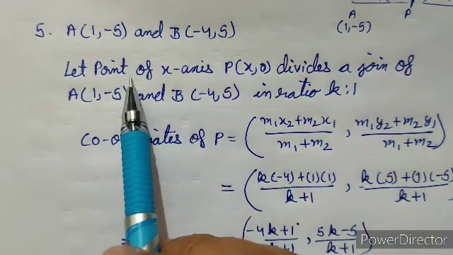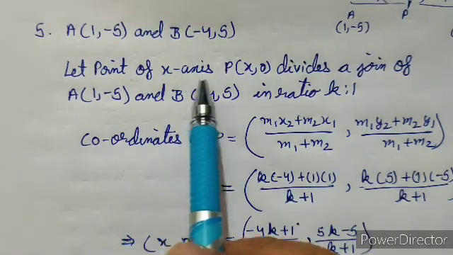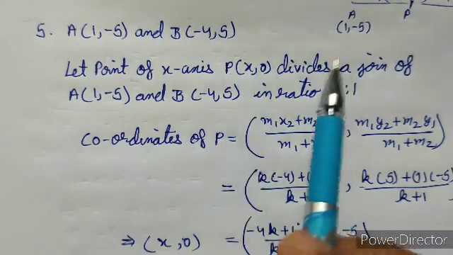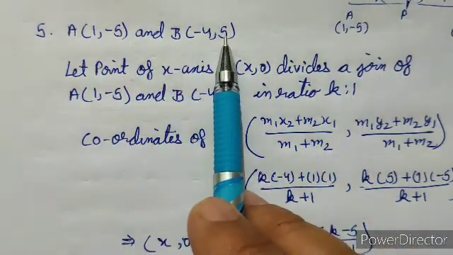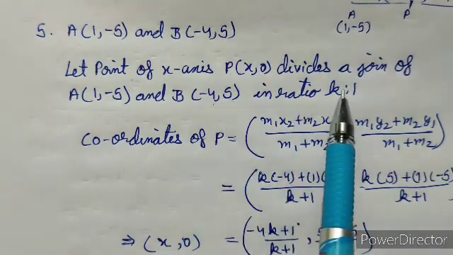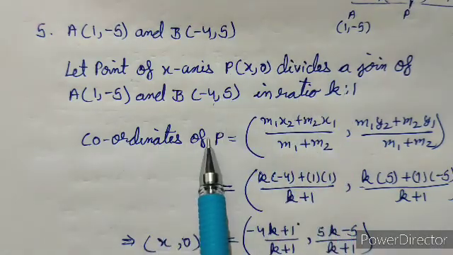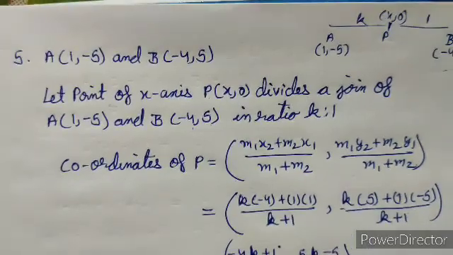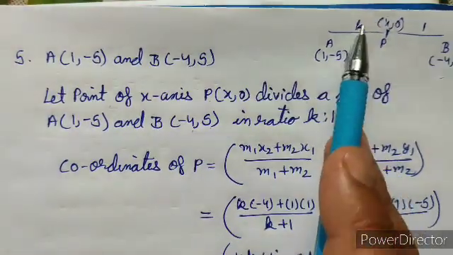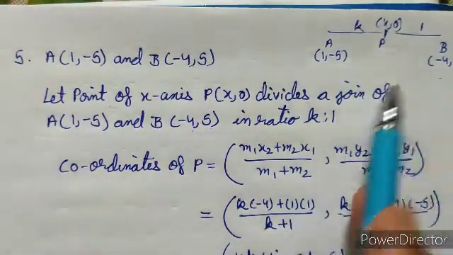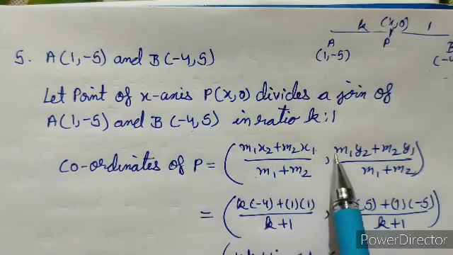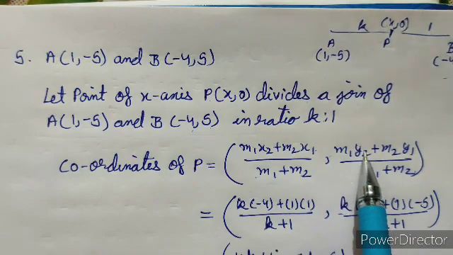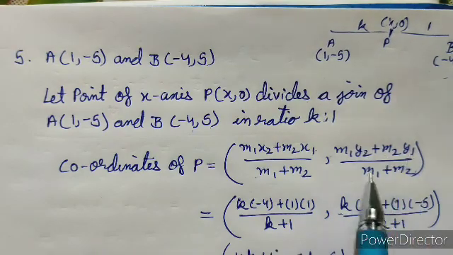Now suppose point of x-axis P x0 divides a join of A 1 minus 5 and B minus 4 5 in ratio k:1, then coordinates of P here will be given by (m1 x2 plus m2 x1) upon (m1 plus m2) and (m1 y2 plus m2 y1) upon (m1 plus m2).